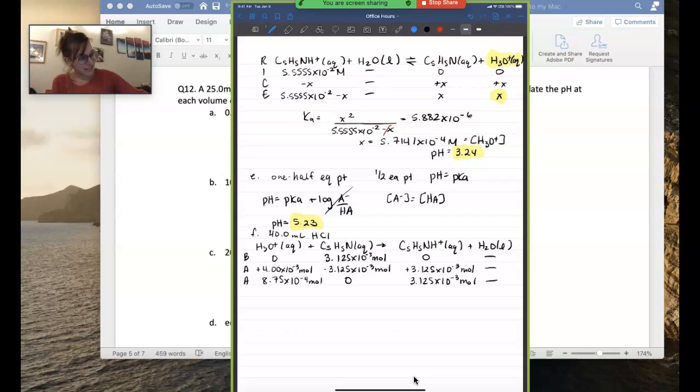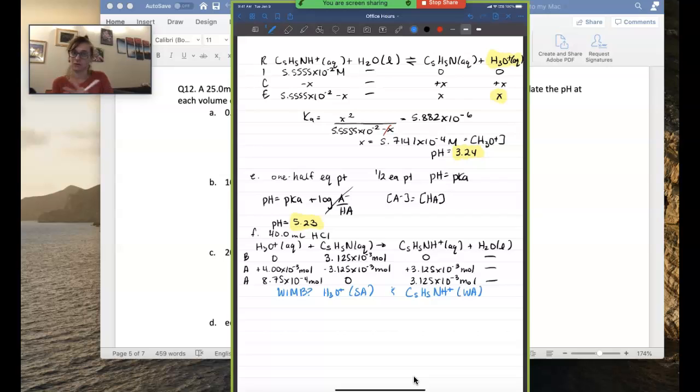So at this point in time, we ask ourselves, what's in my beaker? I have those hydronium ions, which is the strong acid, and that comes from the hydrochloric acid, and I have the conjugate acid of pyridine, which is a weak acid. Now, back in chapter 16, if you're taking my class, we discussed how you calculate the pH of a solution that has a mixture of acids.